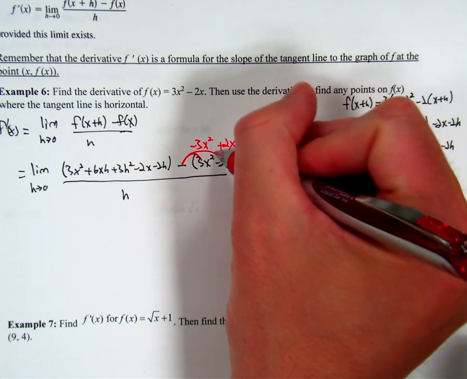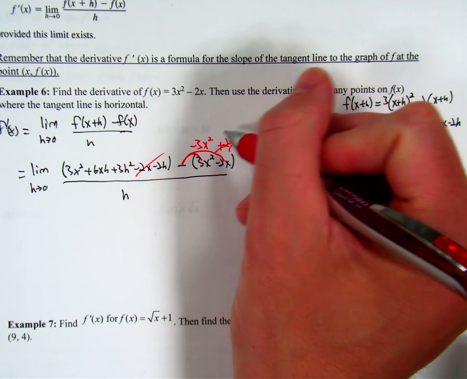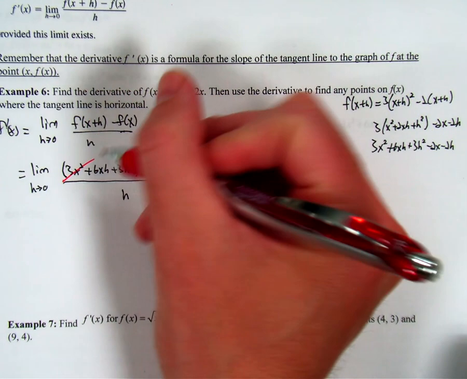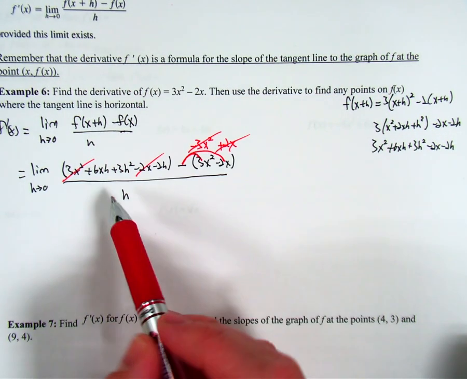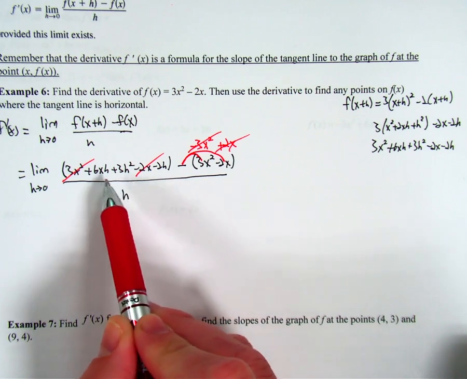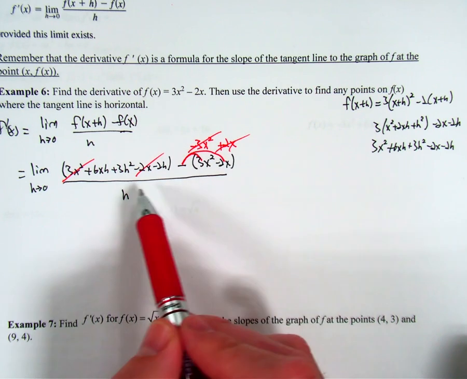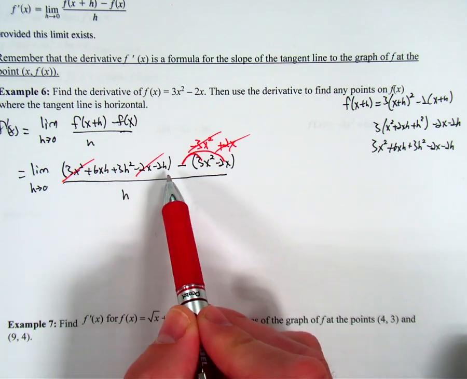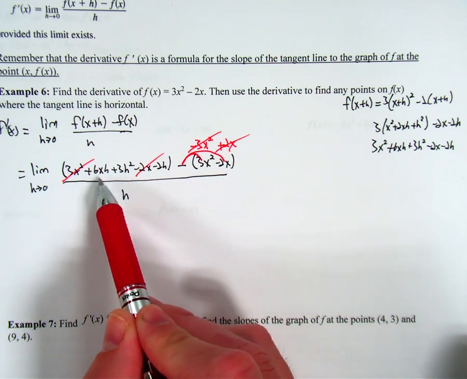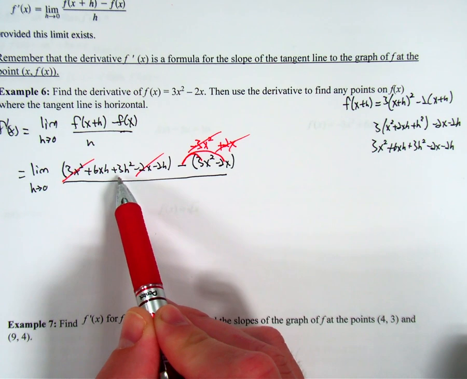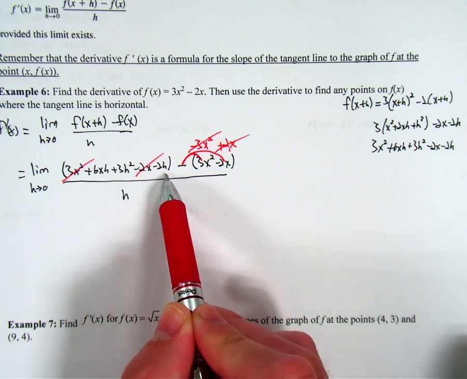So we have a plus 2x to cancel this minus 2x, minus 3x squared to cancel out the plus 3x squared. We're going to use our brains here and do two things at once. So those are gone, and we're going to rewrite, simplified, but we're also noticing that it's 6xh, 3h squared, minus 2h.